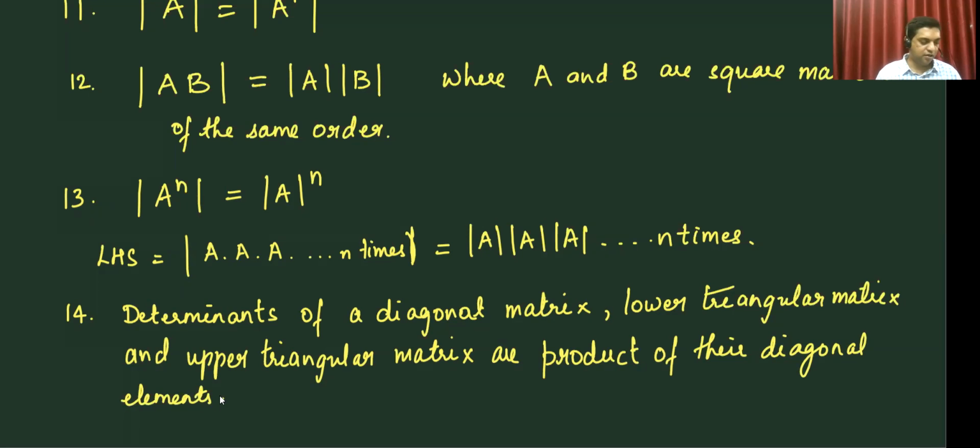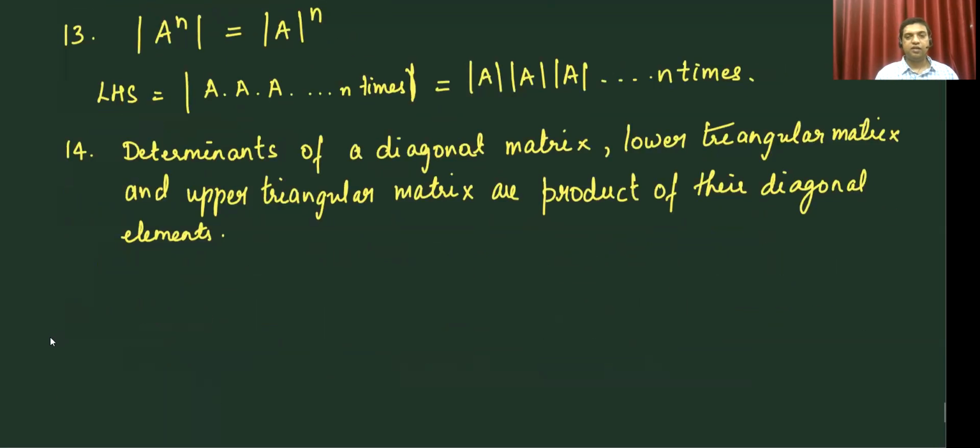You take any lower triangular, upper triangular, or diagonal matrix, and the product of the diagonals will give you the determinant. Straight away you can do it. So these are properties of determinants.